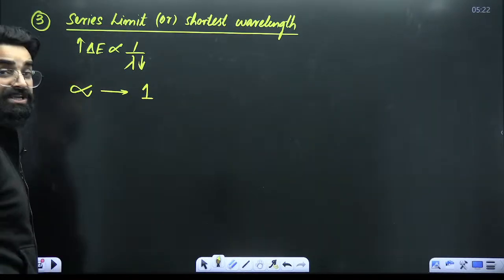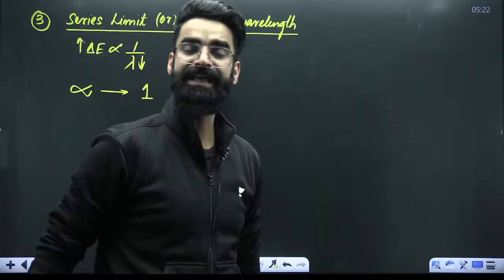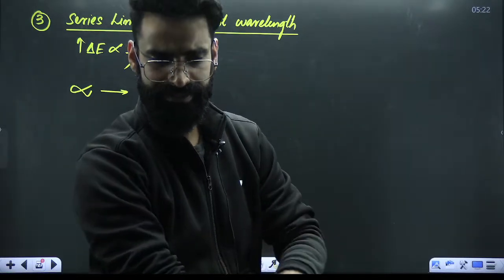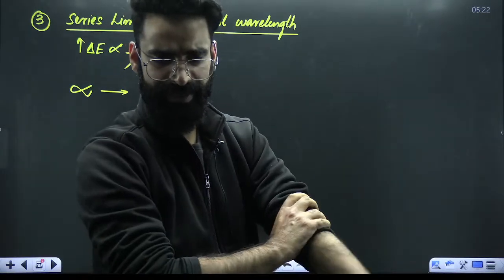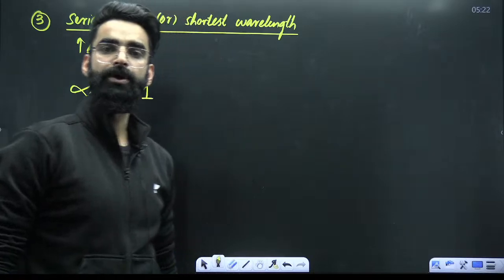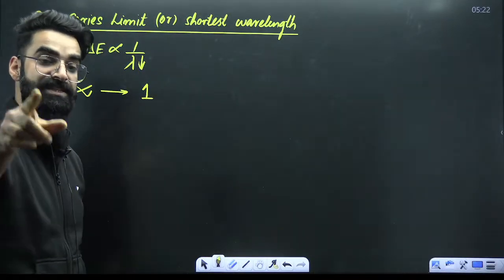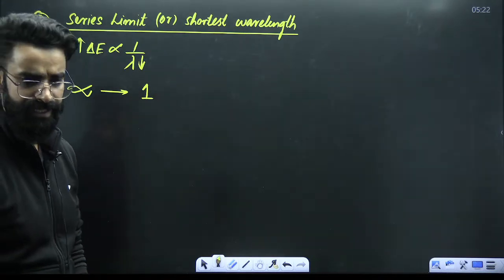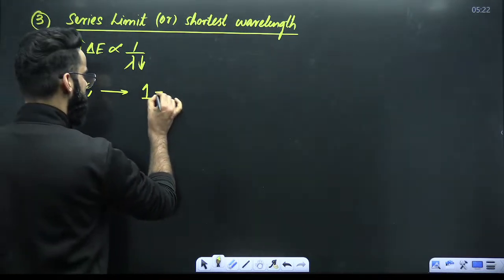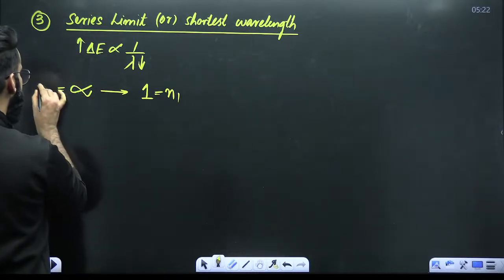Then only the energy gap will be maximum, and when the energy gap is maximum, your wavelength emitted will be minimum. That minimum wavelength, the shortest wavelength, is what you call the series limit. As simple as that, right? Now, this is your lower energy state. This is your higher energy state.